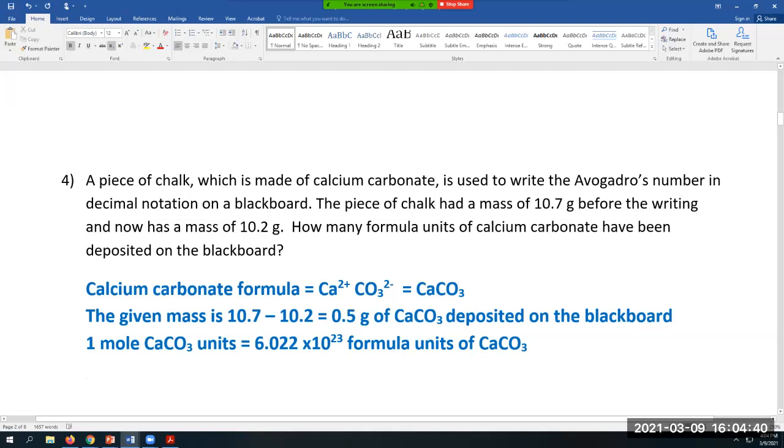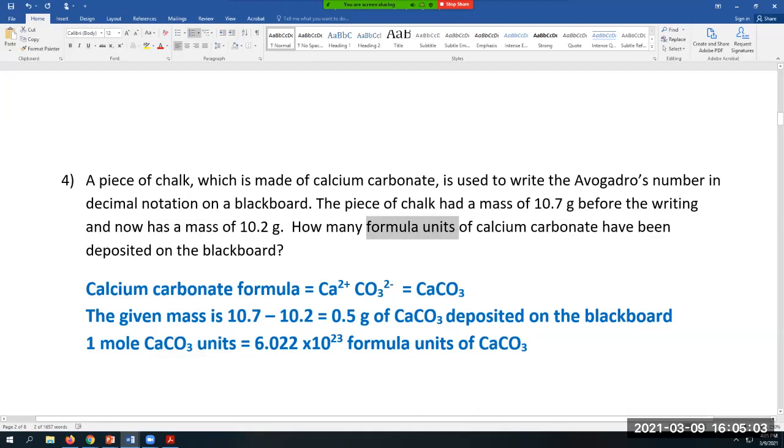You always want to adapt the definition of the mole and use the substance you have. And so here, 1 mole of calcium carbonate units is 6.022 times 10 to the 23rd formula units of calcium carbonate. So this will allow you to find the formula units.